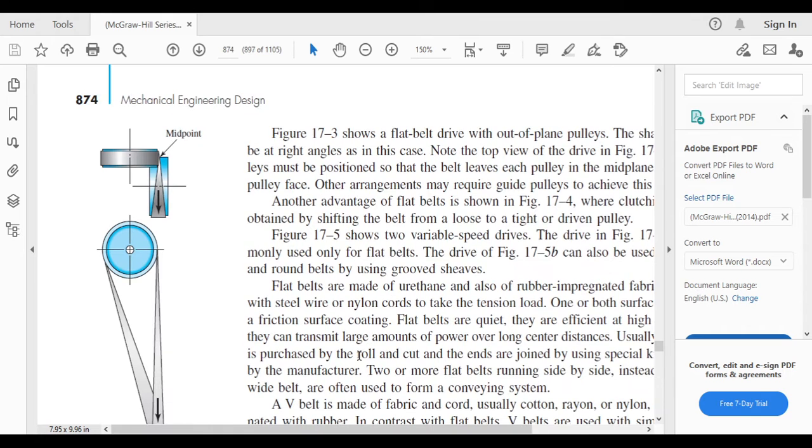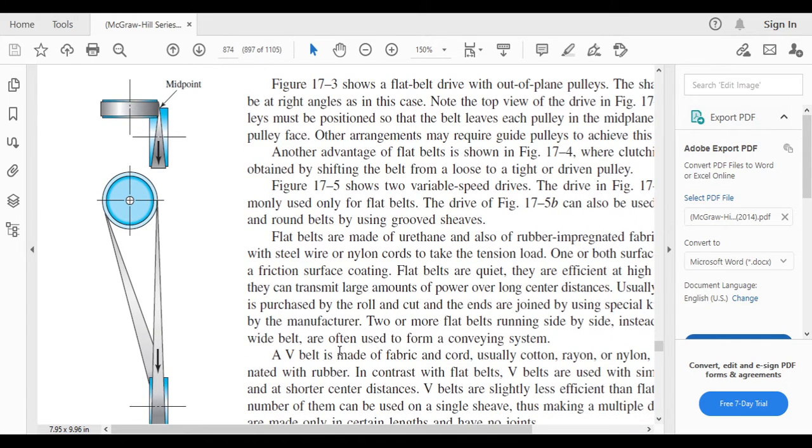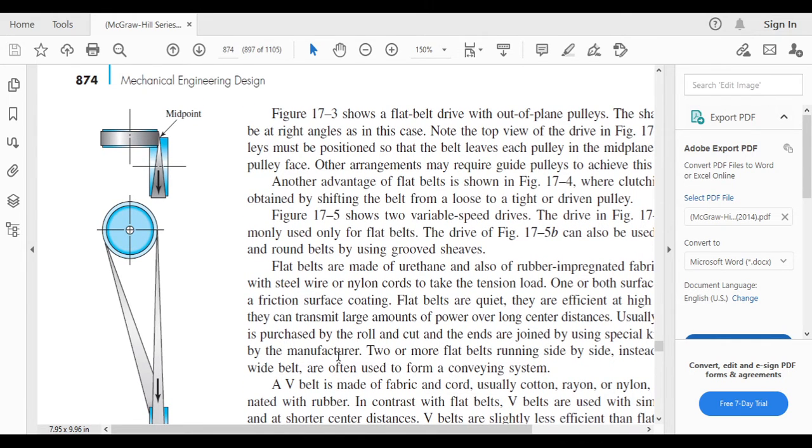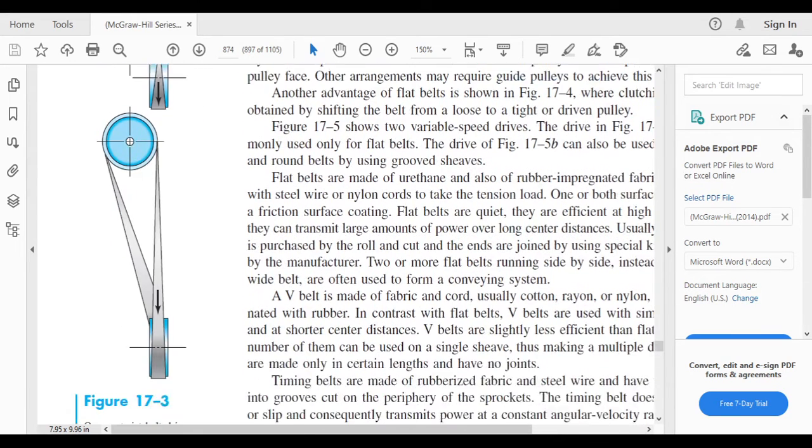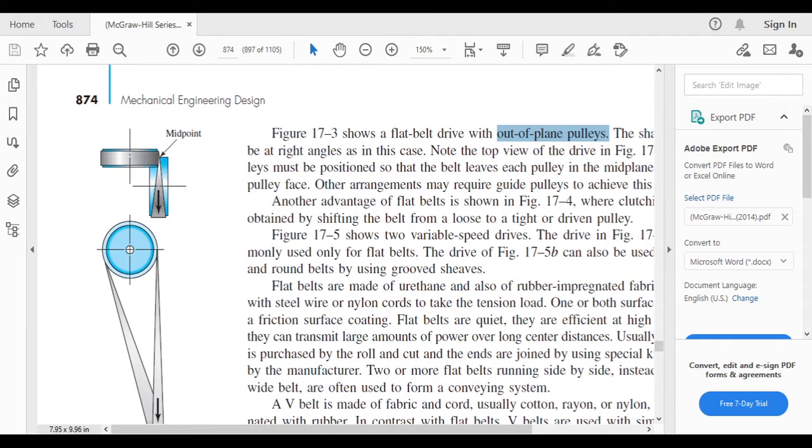This midpoint is another angle of out of plane pulleys. Figure 17.3 shows an out of plane pulley.